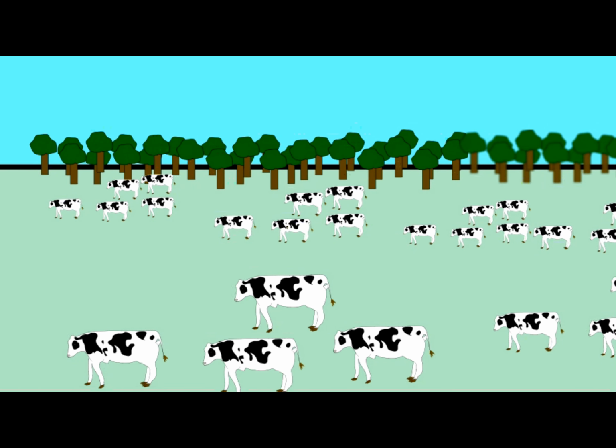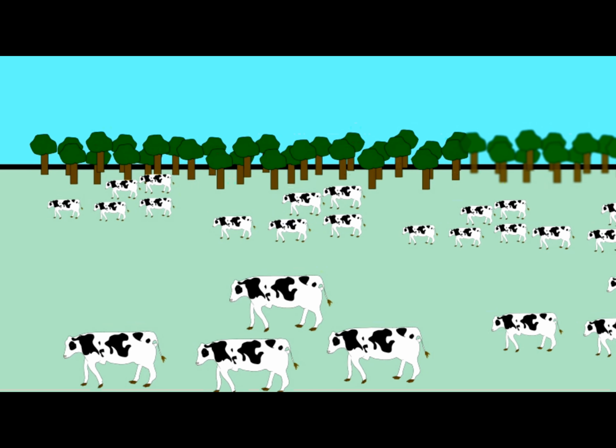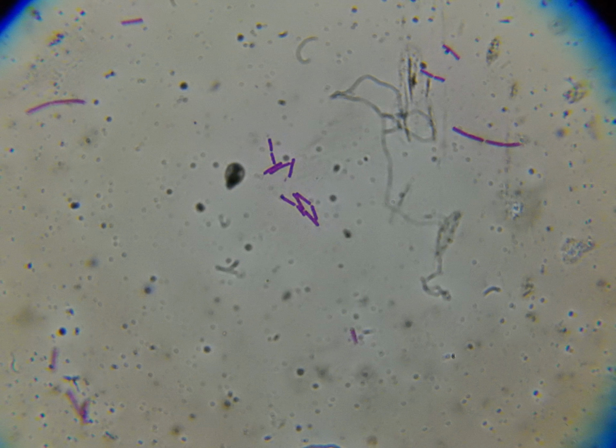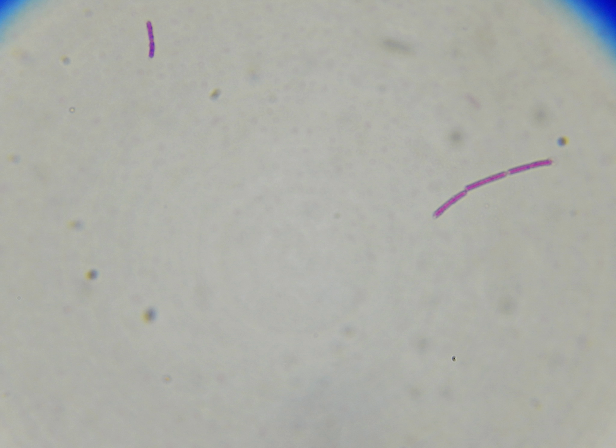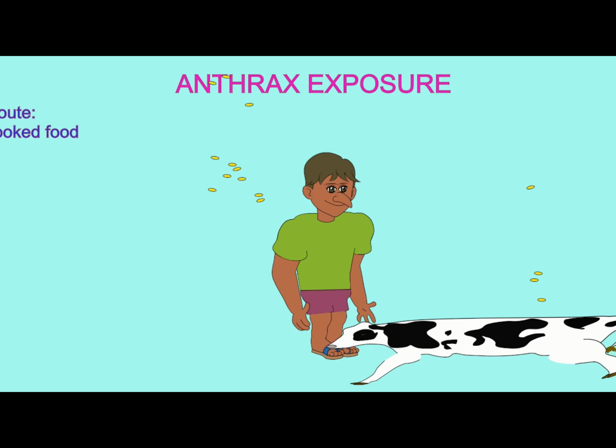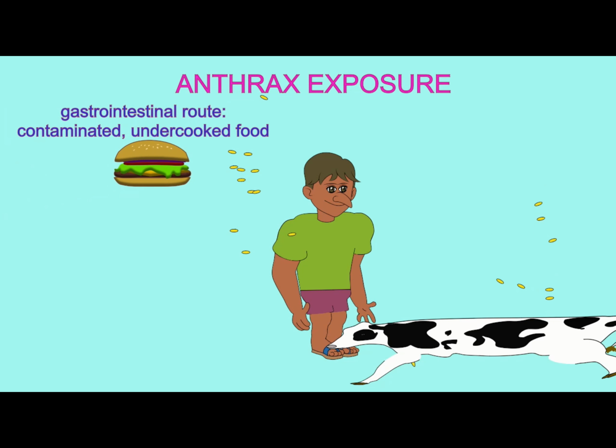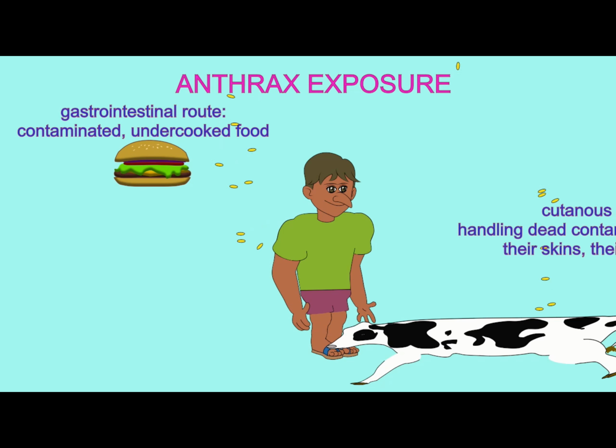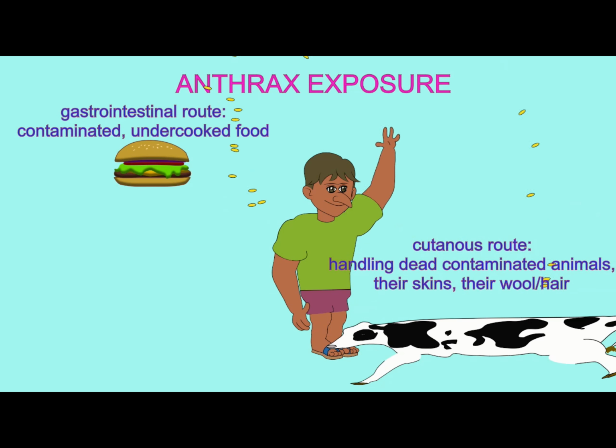While anthrax rarely affects humans, it can affect humans who handle dead animals or the carcasses of animals. It can affect humans who work with wool or hair of animals, so it can be obtained cutaneously. It can be obtained through undercooked meat.